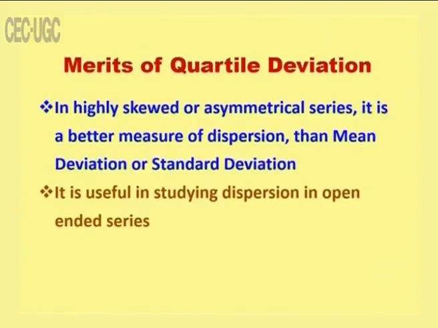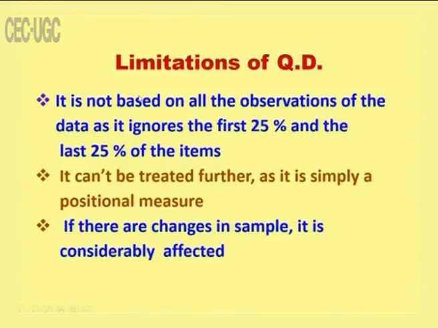In highly skewed or asymmetrical series, it is a better measure of dispersion than the mean deviation or standard deviation, because in standard deviation we are squaring, and therefore the extreme values affect it very seriously, and that is not the case in quartile deviation. And it is useful in studying dispersion in open-ended series.